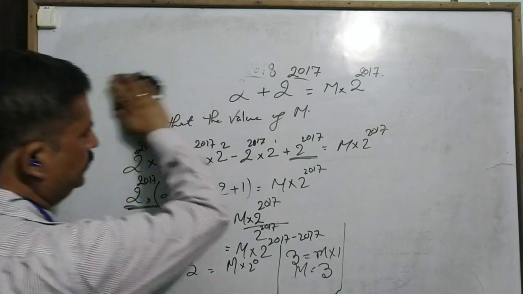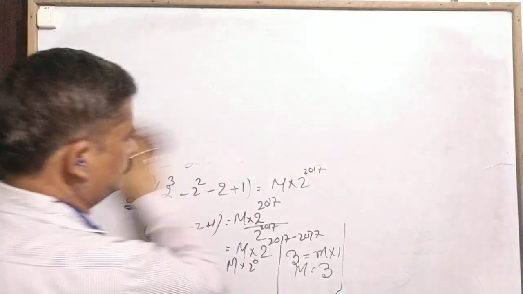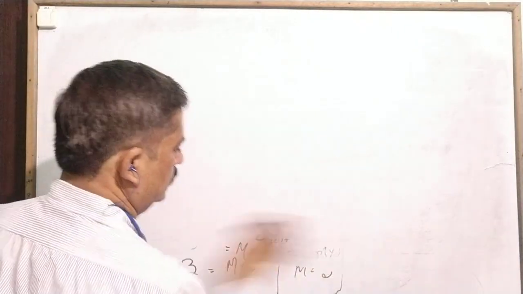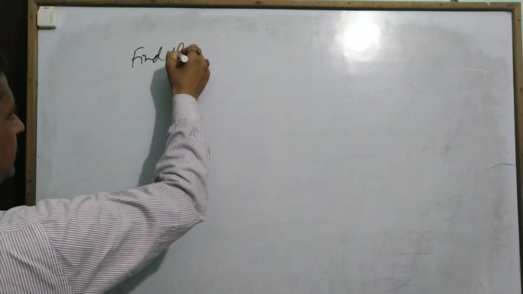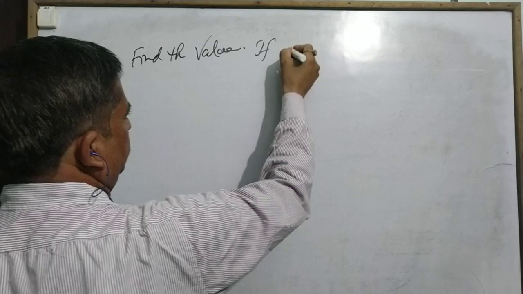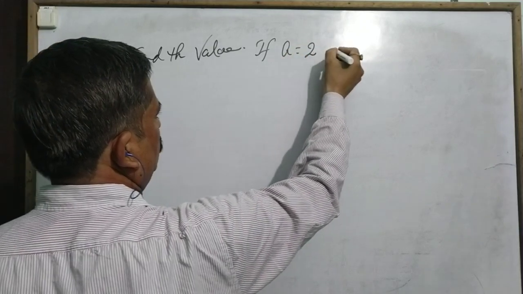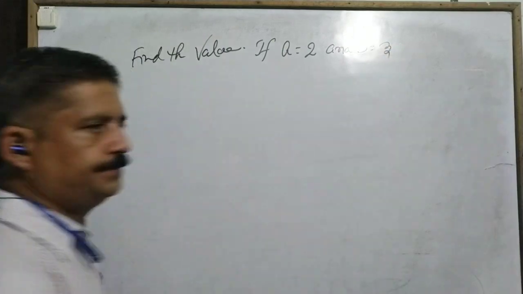So next, find the value if a equals 2 and b equals 3.